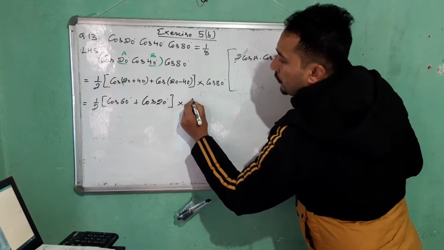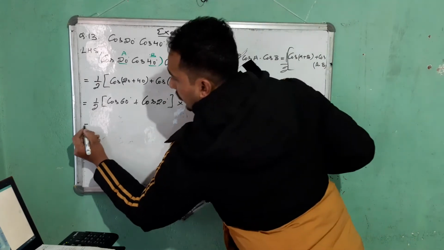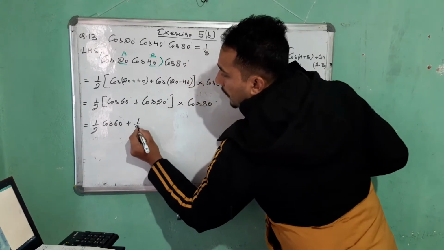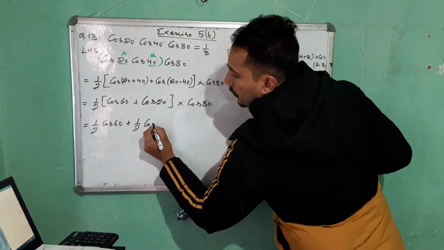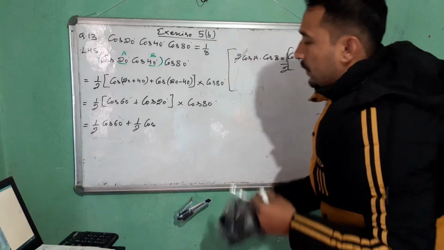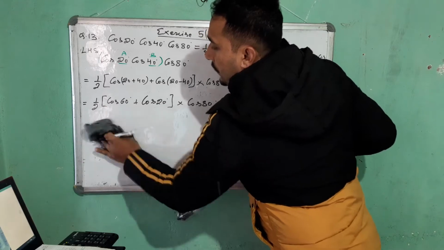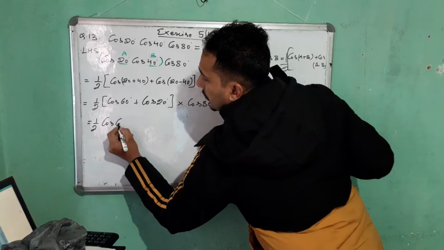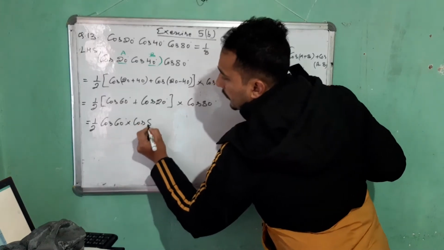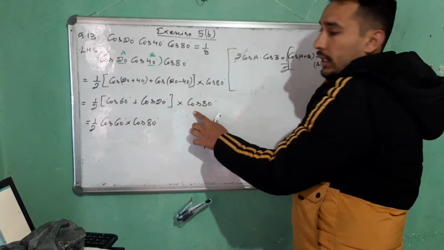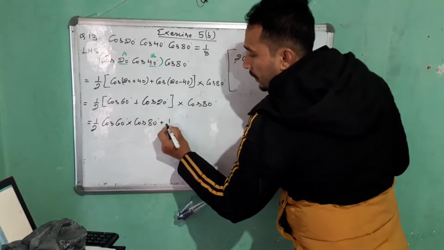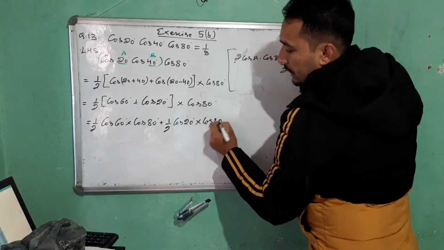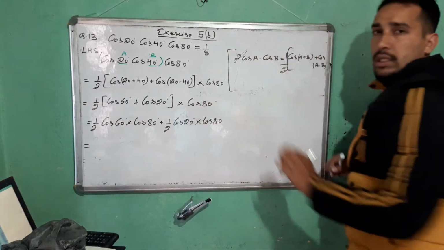Into cos 80 degree. 1 by 2 cos 60 degree into cos 80 degree, this into this, plus 1 by 2 into cos 20 degree into cos 80 degree, this into this, okay.